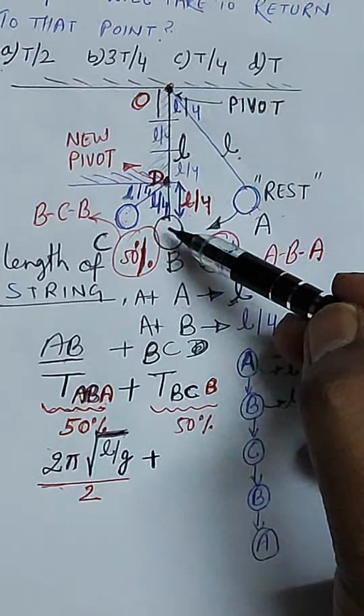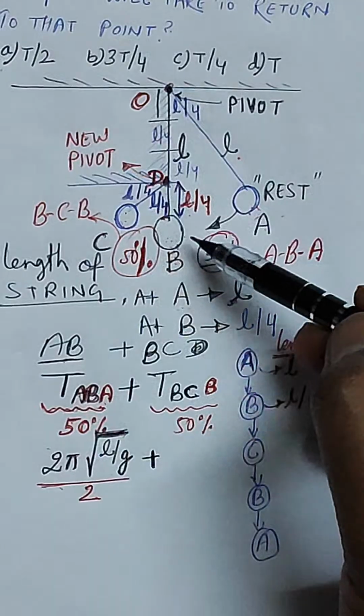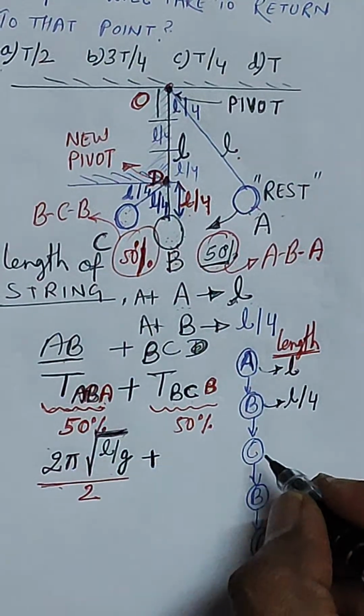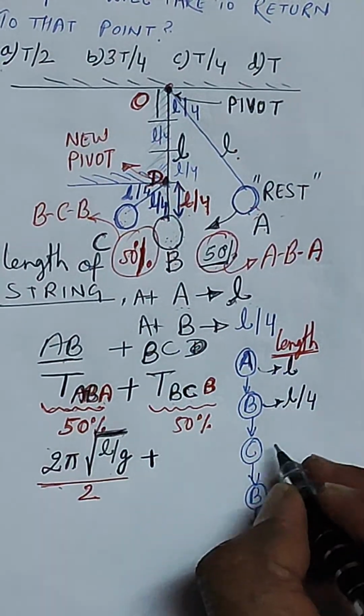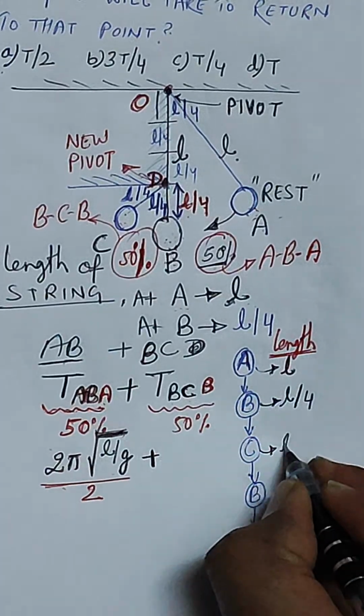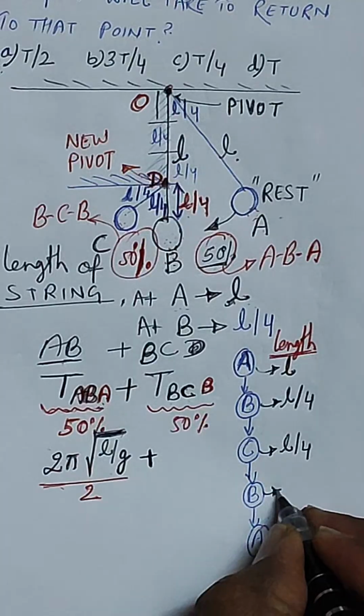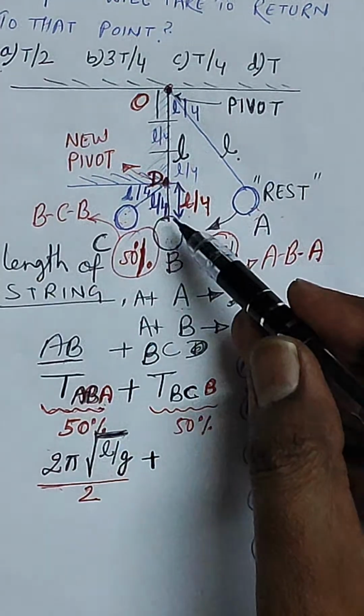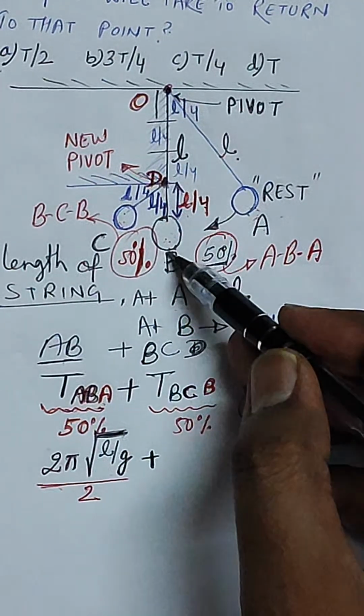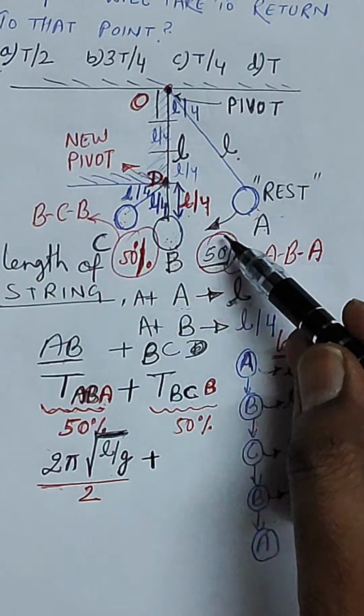Because only this length is available to swing. When it reaches C, the length of the string is L by 4, and when it again reaches B, the length of the string is just L by 4, but after this it will be L.